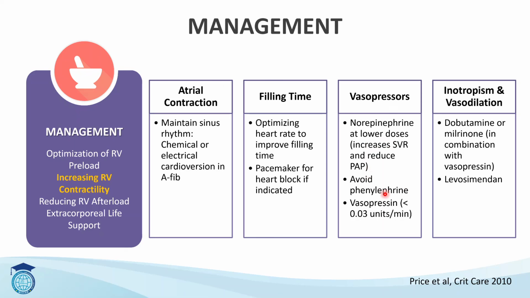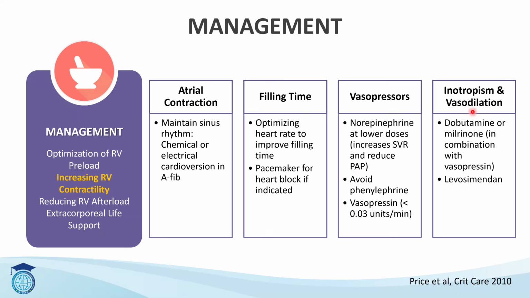Phenylephrine has more effect on increasing the pulmonary vascular resistance. Therefore, we would like to avoid using phenylephrine in those cases. Vasopressin is preferred as it has a minimal effect on the pulmonary vascular resistance, and it would have mainly effect on the systemic vascular resistance.